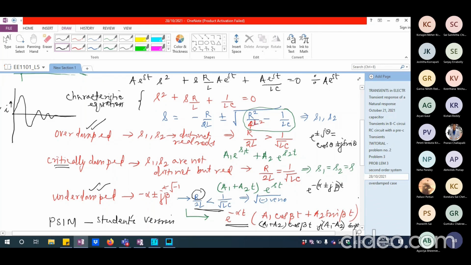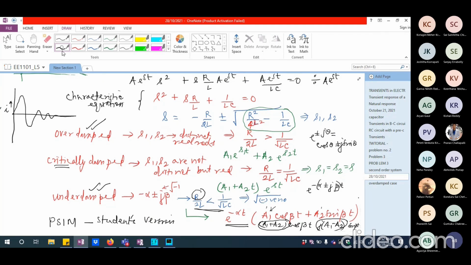This is what we had, right? Because of this, we take this entire thing as one constant, and this entire thing as another constant. Those two I have specified here as a1 dash and a2 dash. So we basically have a sinusoidal and cosinusoidal function here.